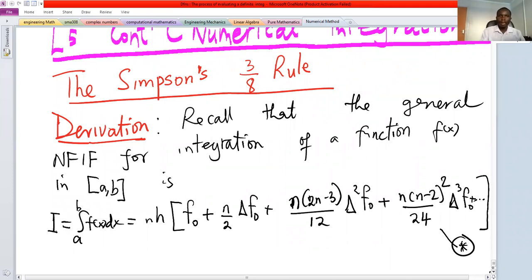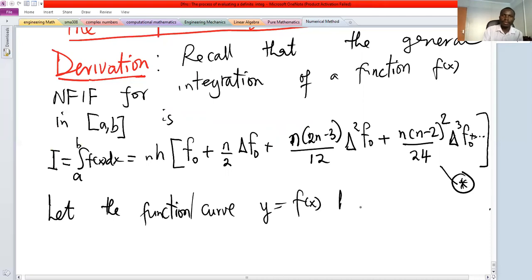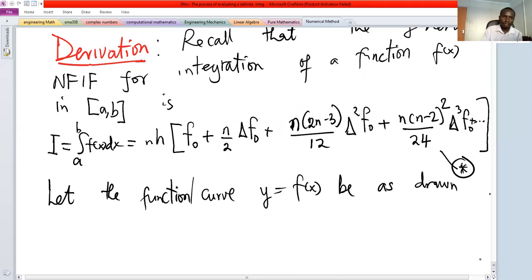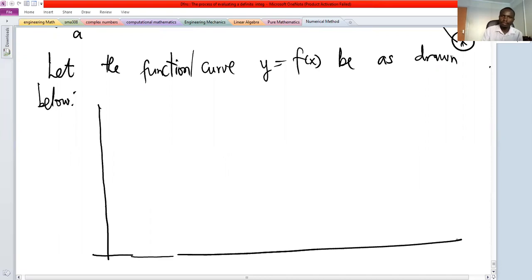Now, let the function or curve y equals to f of x be as drawn below. So we have this x.